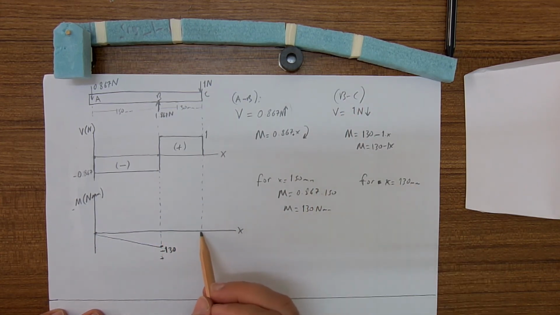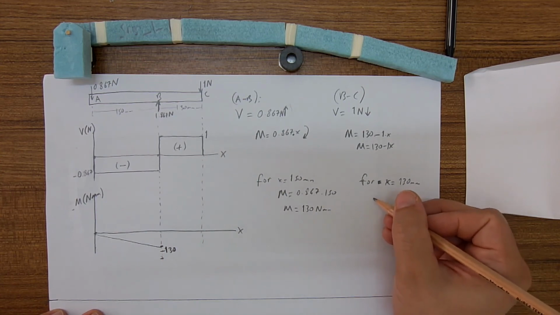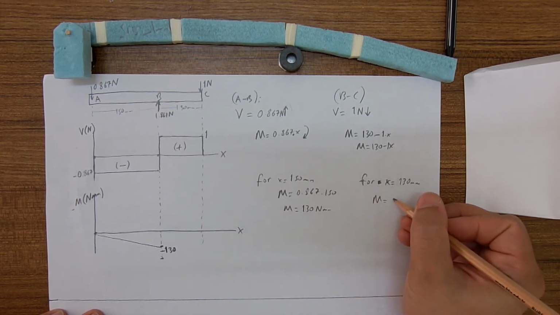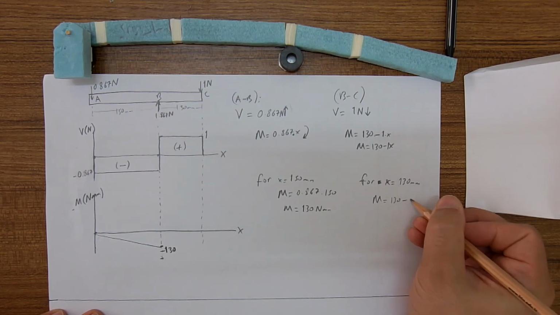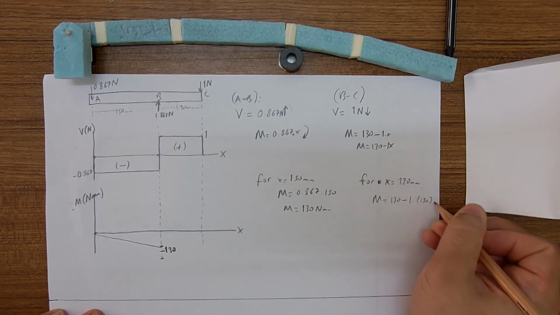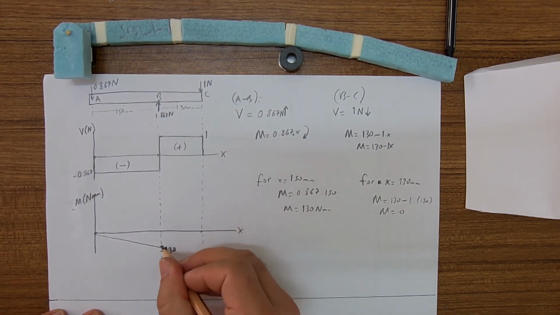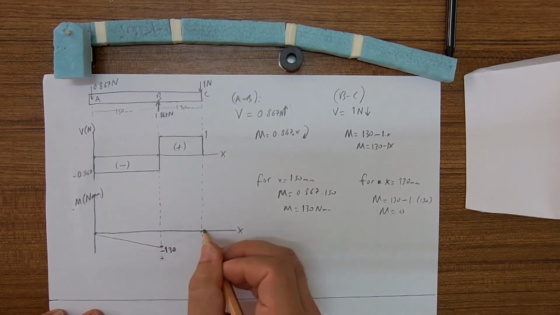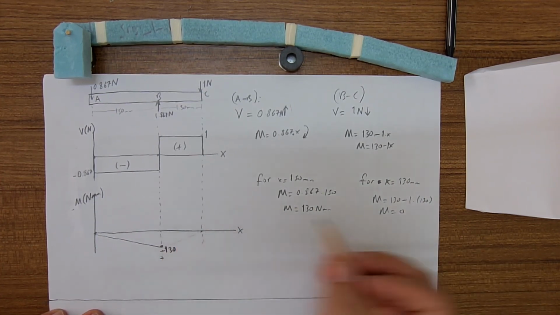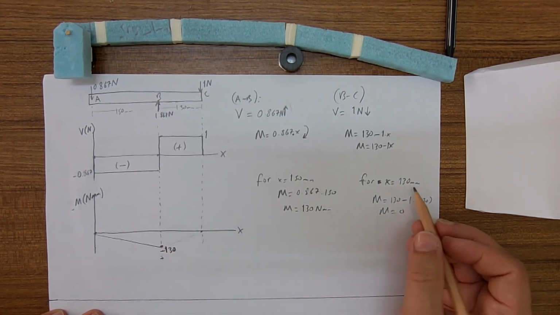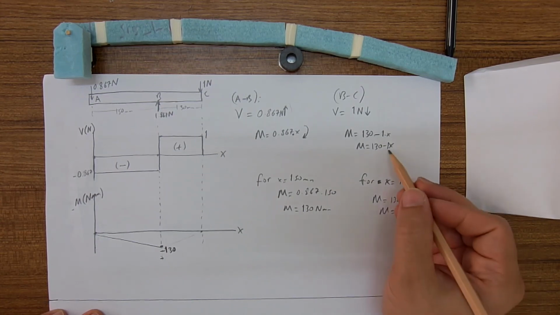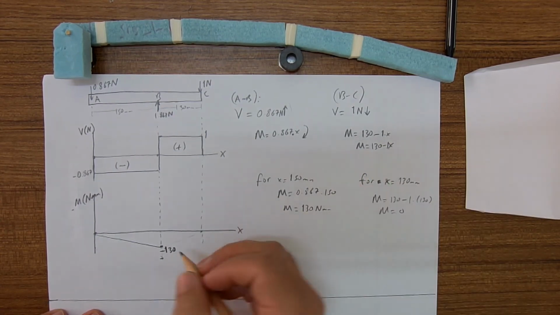So 130 is here. M is equal to 130 minus 1 times 130. So M is equal to 0. Therefore, from point B to C, we go like this. How do you know it is a slope? Because this is just a linear equation.